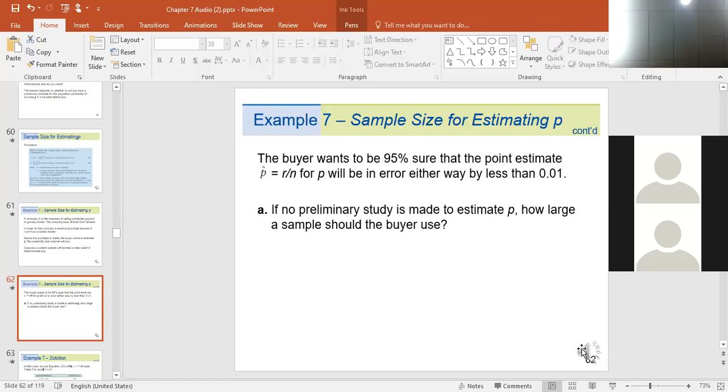What is the maximum error he can admit for his purpose? What is E? C is equal to 0.95. He does not want to be wrong by more than what? More than 1%, 0.01. Do we all see where we get that information?